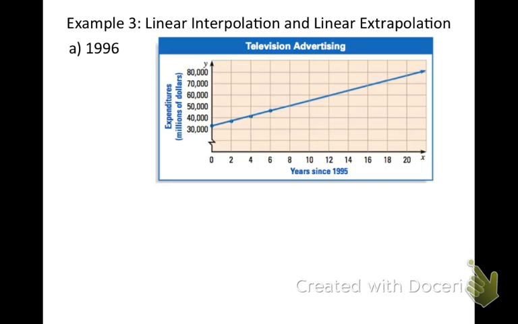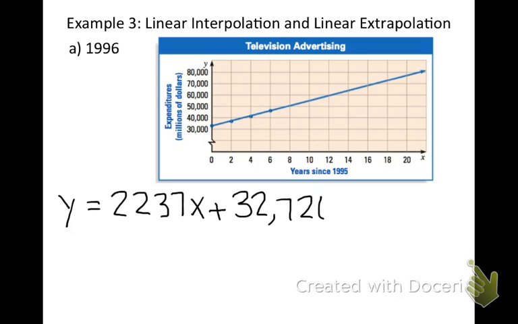So we'll use the model that we came up with: y equals 2,237x plus 32,720. Since 1996 is 1 year after 1995, we're going to let x equal 1. Plug in your parentheses first, and then we can replace our x with 1.